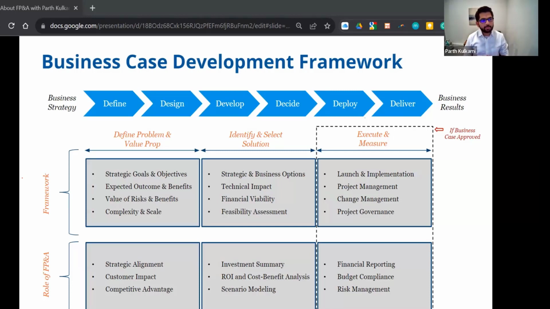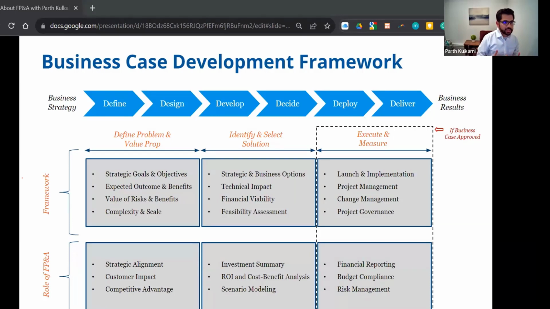Now, talking a little bit about the detailed steps as part of creating these business cases. Some of the different steps across each pillar: in the first pillar itself, in the define problem and value prop, we spoke about declaring what the strategic goals and objectives are behind creating this business case, and how this business case helps drive the strategy of the company forward.